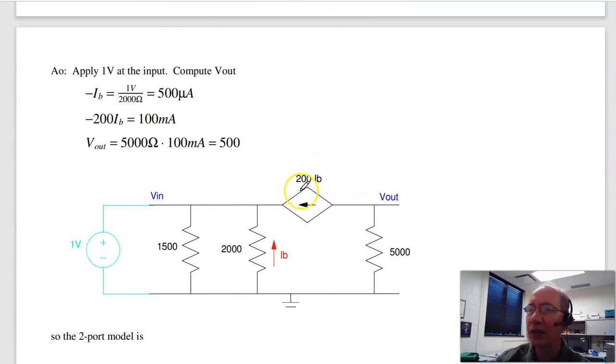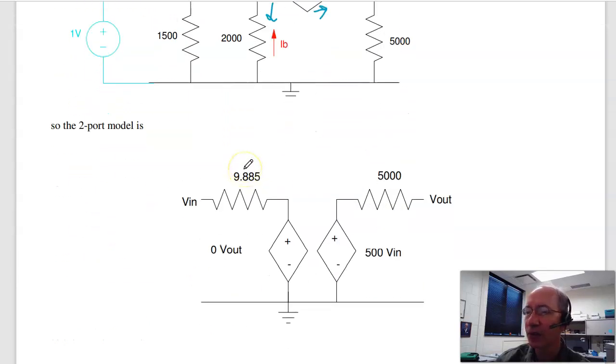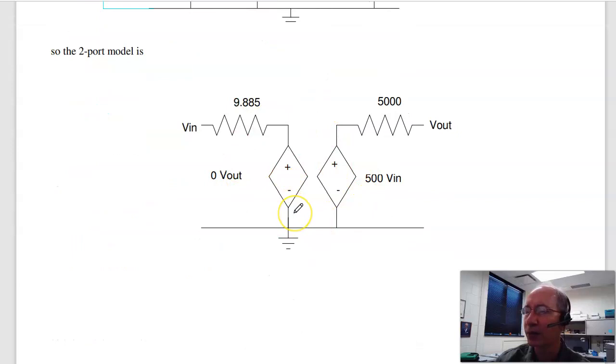And to find A out, apply 1 volt at the input, find the output voltage. The current is 1 over 2K going down, making this 200 times that current. Voltage is I times R, so it's 5,000 times 200 divided by 2,000, 500. So here's the two-port model.